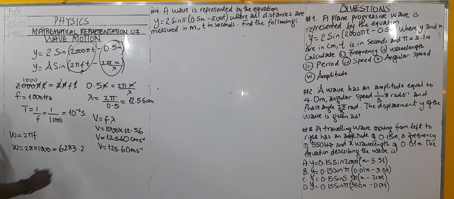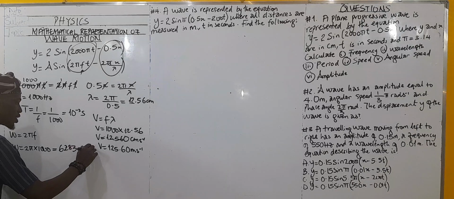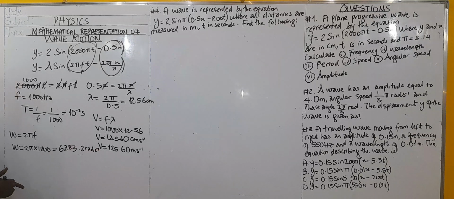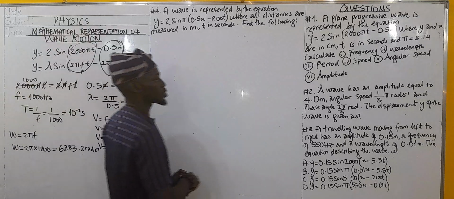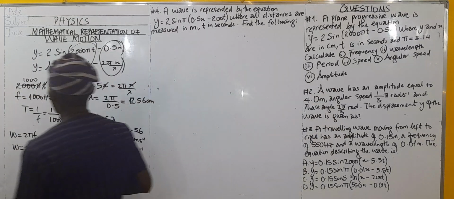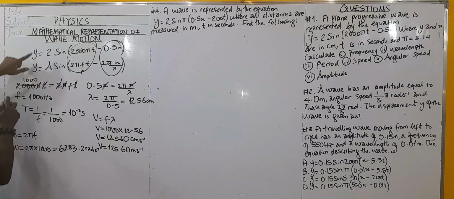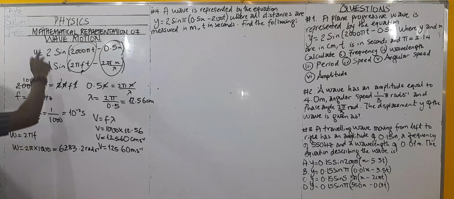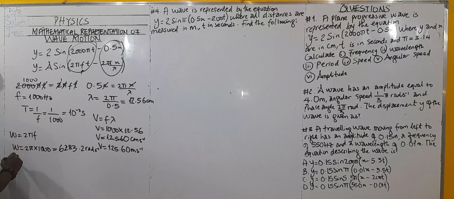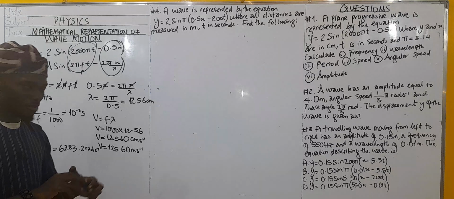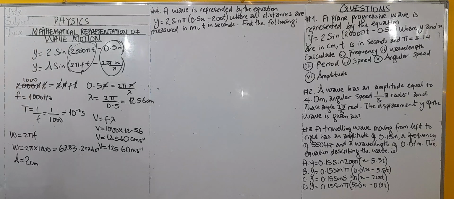What's the unit? Rad per second. Okay, and the last one is the amplitude. Looking at it, y to y, equal to equal, the amplitude is 2. So it means that my amplitude is 2 centimeter. And that's very simple.